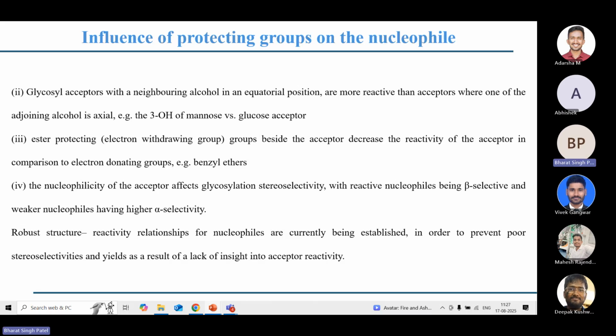And also the ester protecting group will withdraw the electron from the ring, so that will disarm the reactivity and control the stereochemistry. But in case of an electron donating group like benzyl, there will always be a chance of getting a mixture of alpha and beta.